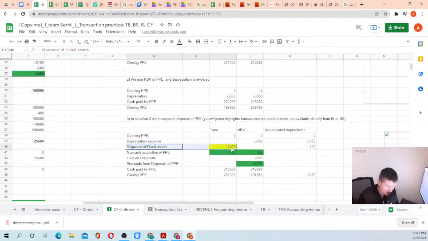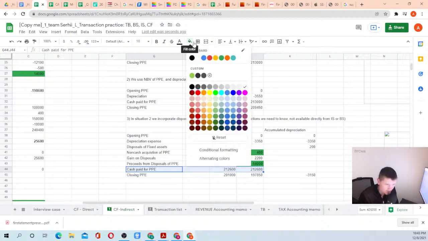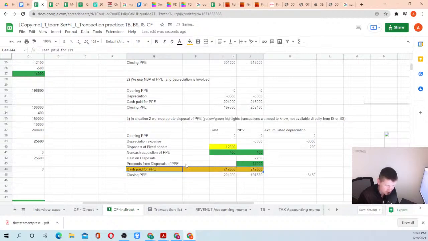And the 12,000 cost of disposal of fixed assets, that's like an extra information if we need to double check. As you can see, that's a balancing number, and it is the same if we go through the costs, and it is the same if we go through net book value.